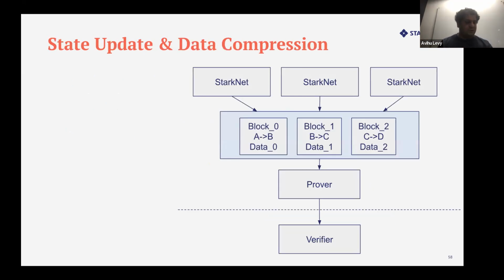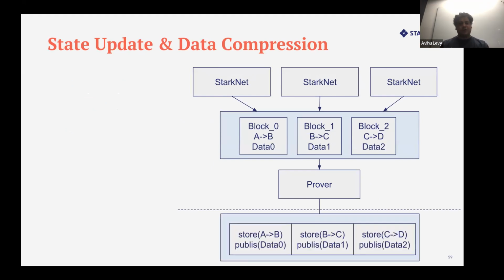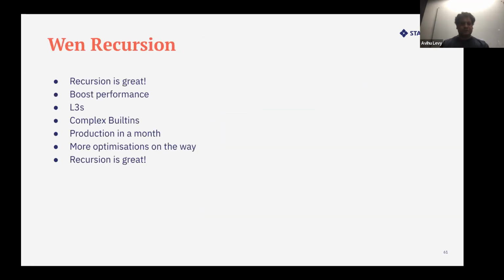Okay, I won't get into this because I want to leave time for Shahar. So first, just to say what we've seen so far. Recursion is great. It helps us boost performance in terms of amortized gas cost, capacity of proofs, and latency of generating proofs for transactions.